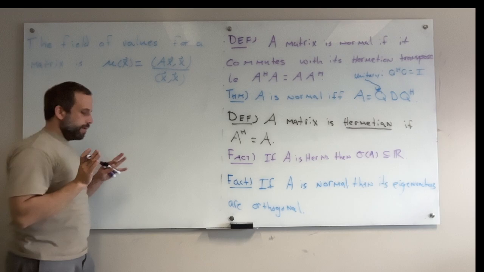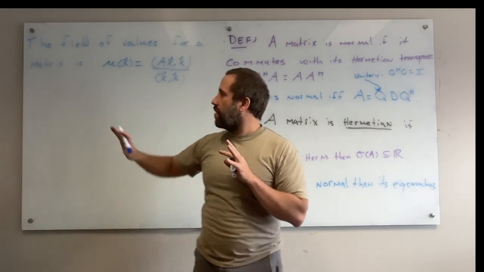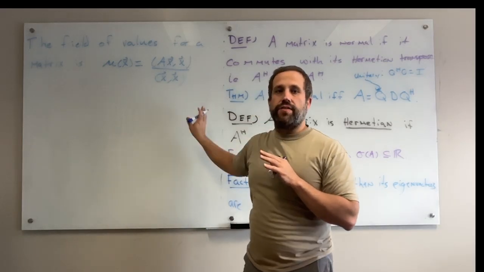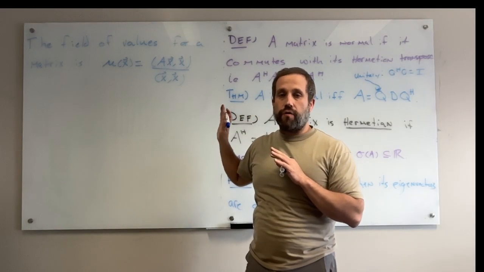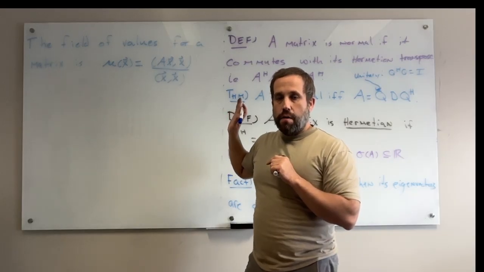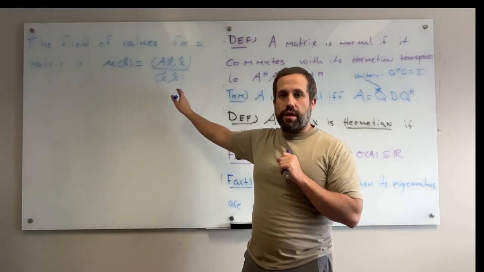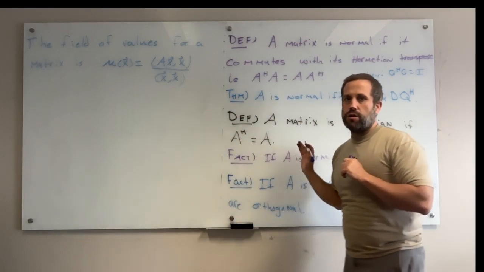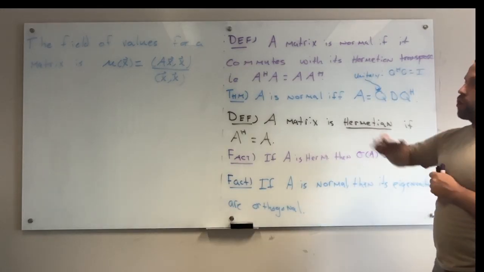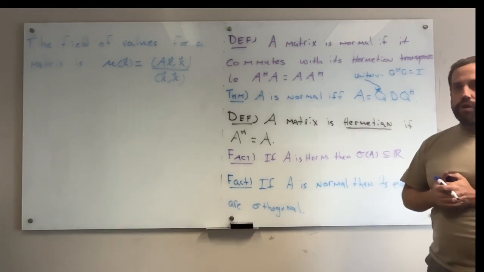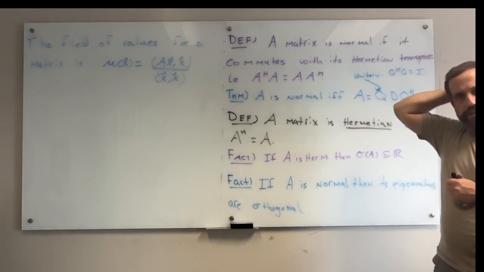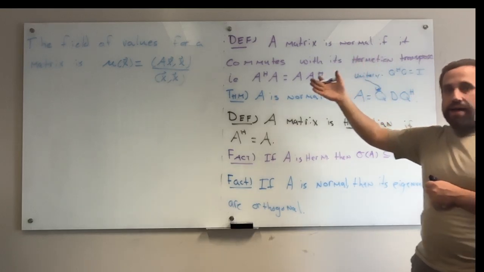Now, we can always define this as long as x is not equal to the zero vector. We can define this for any matrix. But it really is only applied in cases where A has some structure. In particular, usually we want it to be normal for this to be something that we're going to use. But it doesn't have to be.